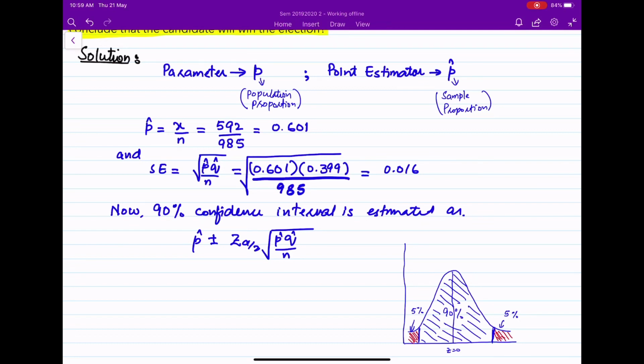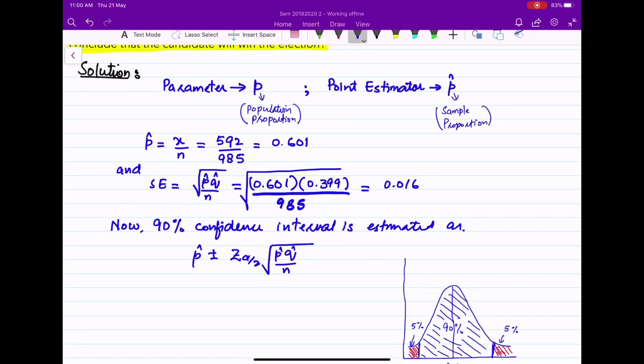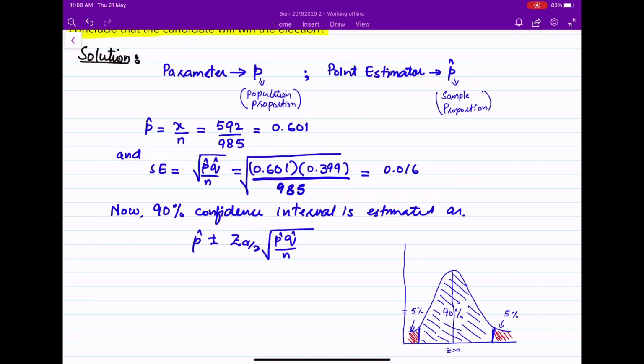To calculate this 90% region, we have to exclude this red highlighted portion of the graph. 5% area is covered within minus alpha half, and 5% area is outside plus alpha half. We know that the total area under the normal distribution graph is 1, therefore 5% of 1 is 0.05. So plus 0.05 and minus 0.05.